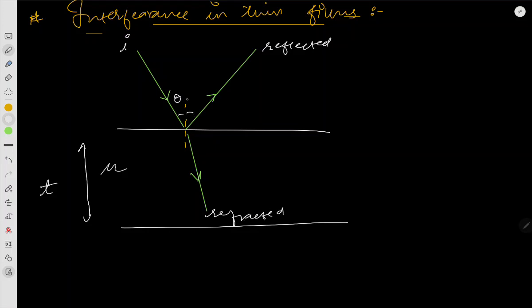So the angle of the reflected ray is theta, the incident is theta, and this would be theta r, where r means refracted.